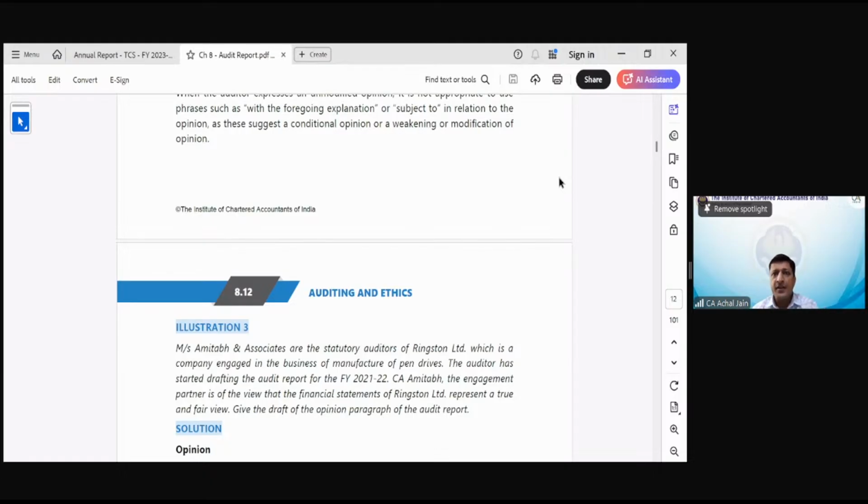Yes, so you can just draft and share your answer. This is what you will be required to do. So that's why it's important that you start doing all of these things. Over to you quickly. You can just start drafting this.